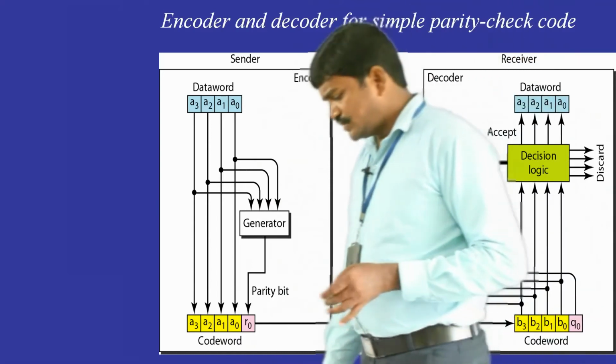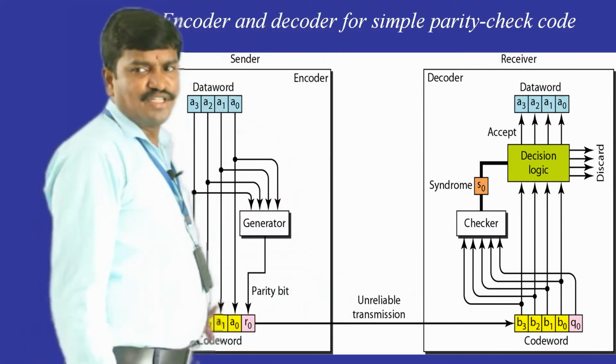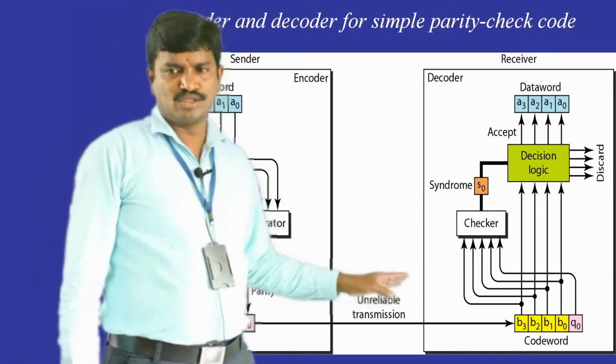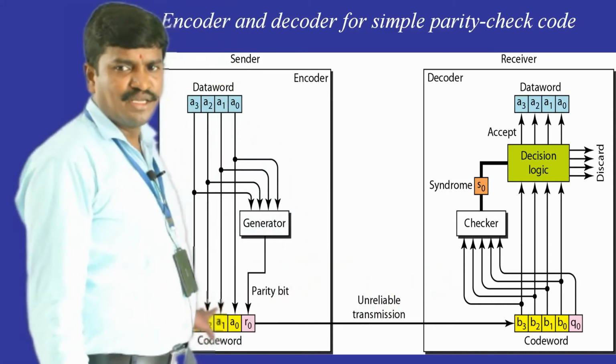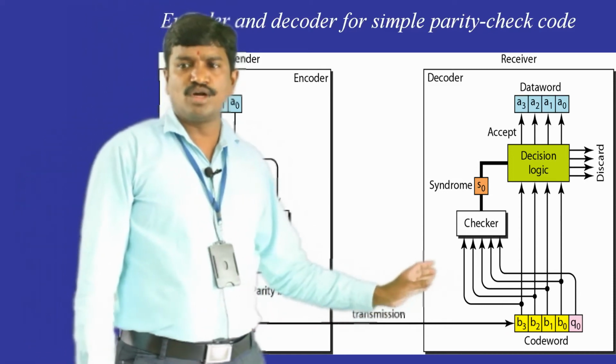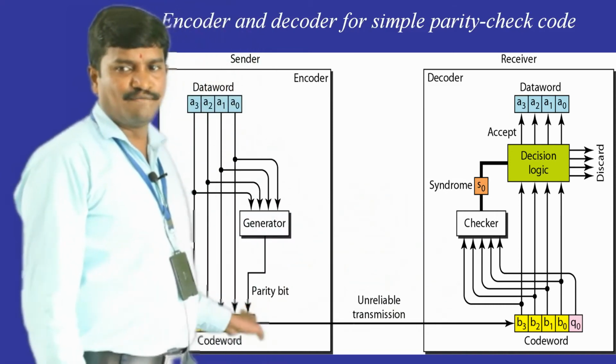Whenever it is received at this side, we have received the content Q0, B0, B1, B2, B3. So this content is treated as B3, B2, B1, B0, Q0. Whatever we received may not be equal to what we have sent.